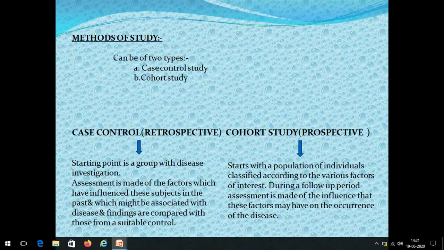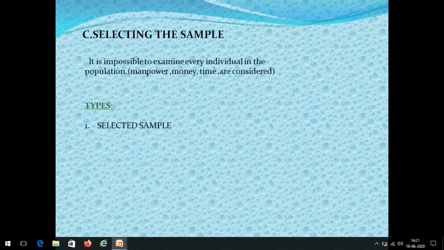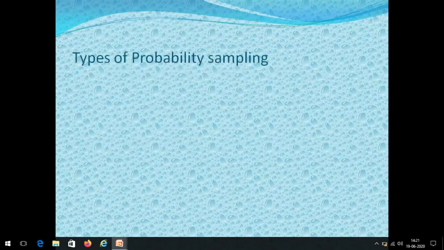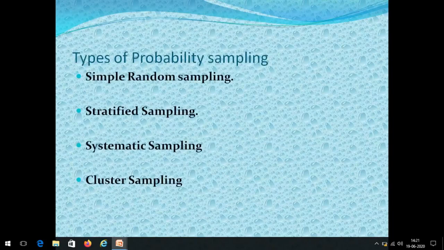In the epidemiological section, and then we need to do the sample selection. Selection of sample also we have covered in detail, that is probability sample or non-probability sample. Probability is always good because it gives equal chance to all participants, like simple random, stratified, systematic, and cluster.